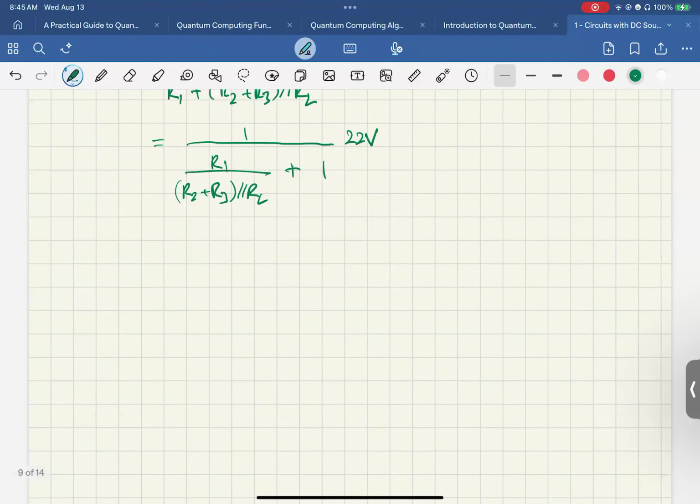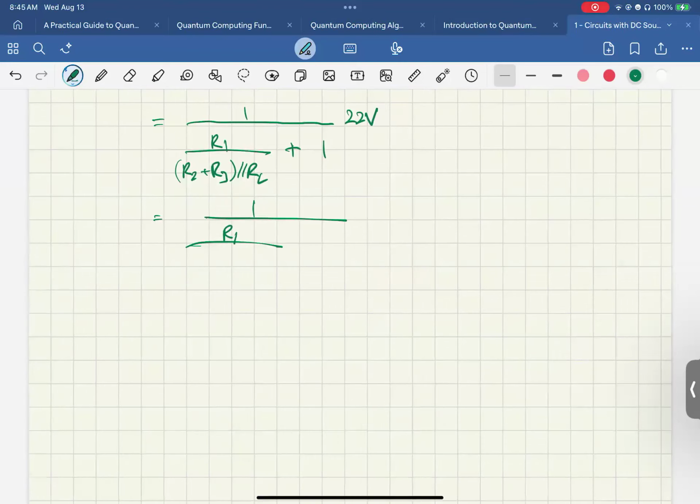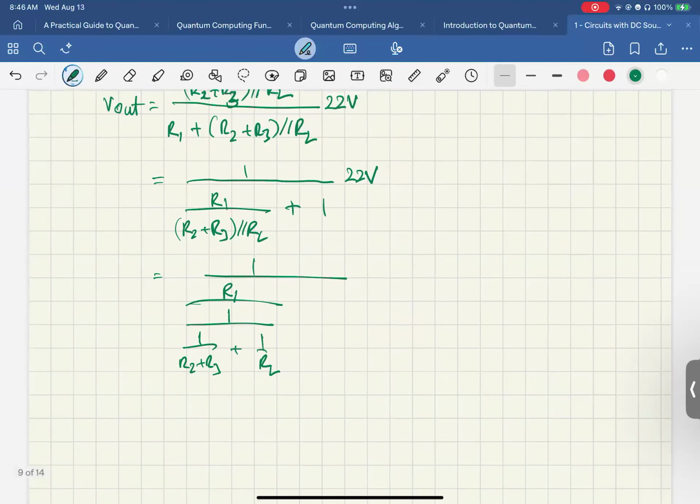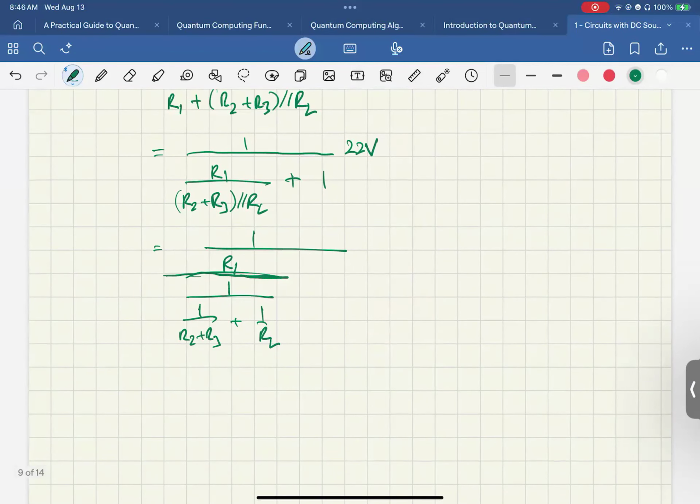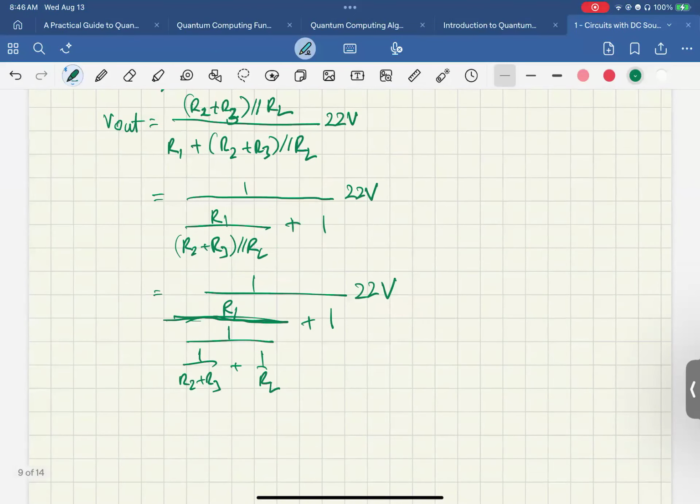Or basically, it's just 1 over R1 over 1 over R2 plus R3 plus 1 over RL. It doesn't look nice, okay, pero yan yung efficient way para i-plug in sa calculator.